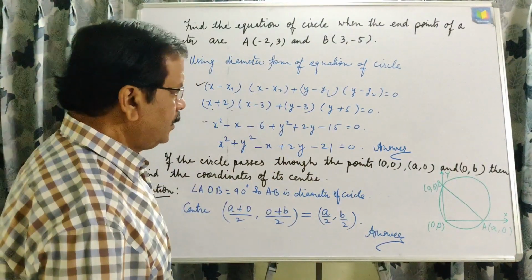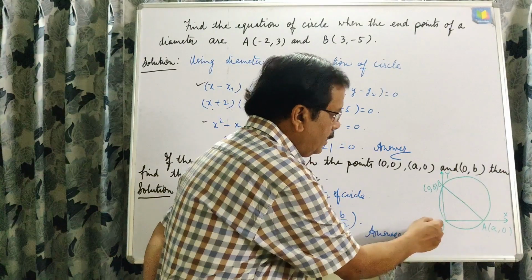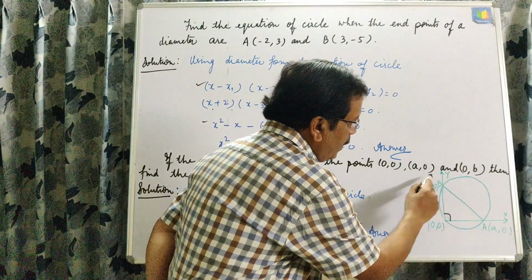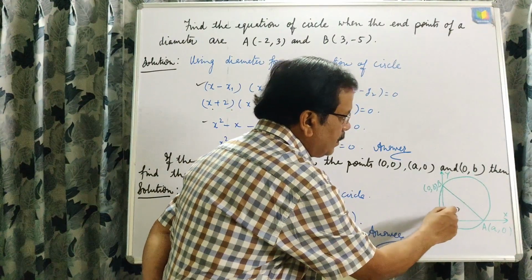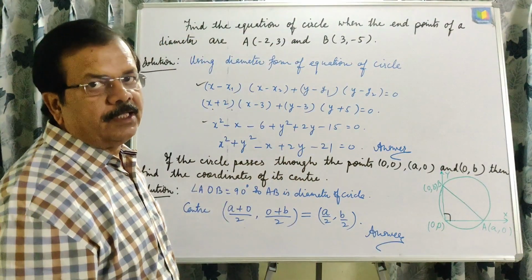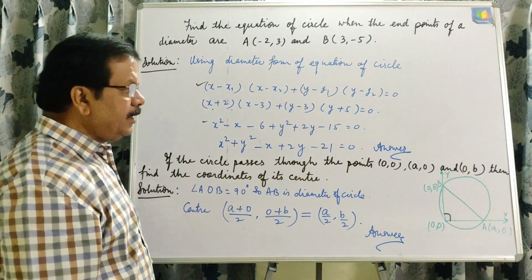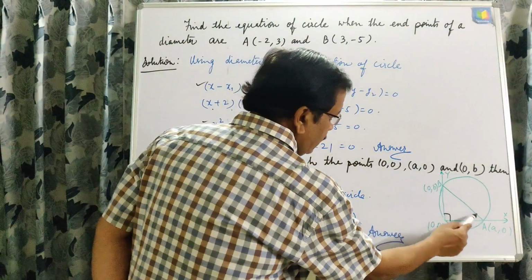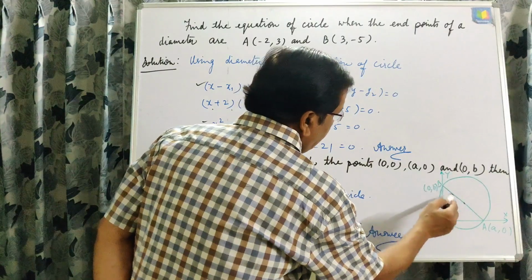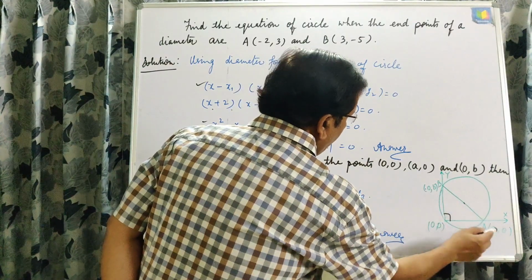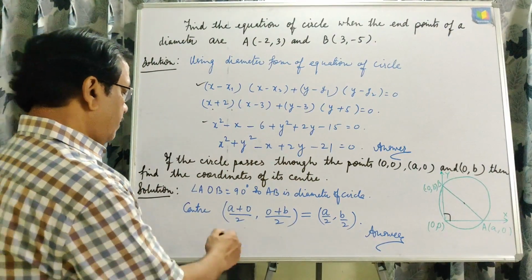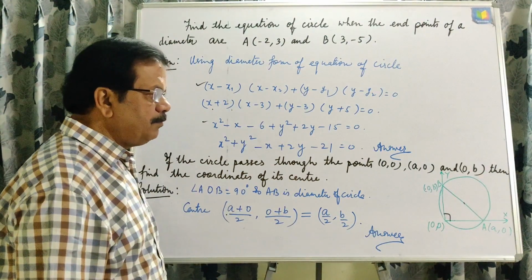We can see here that if we draw the circle, this is 90 degrees, and this line will be the diameter of the circle because of the property that the angle in a semicircle is 90 degrees. That is why the center will be this plus this upon 2 and this plus this upon 2. By the midpoint formula we can find the center, a by 2 and b by 2.